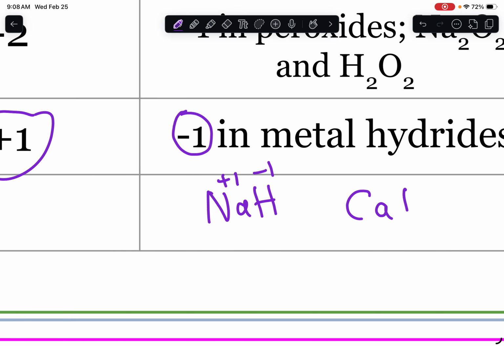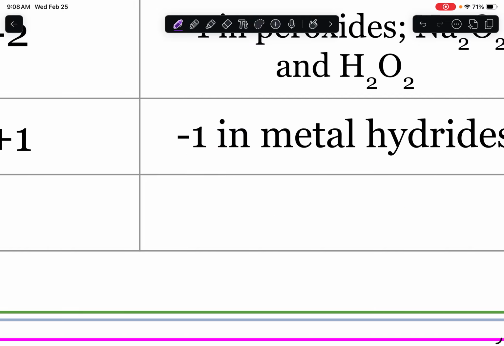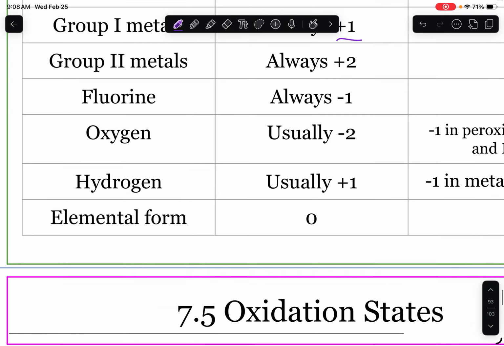Or calcium hydride is another example. Calcium is always 2+ because it is a second column or group 2 metal, and then each hydrogen would be -1 in this example. But most of the time, hydrogen is not bonded to a metal. It's bonded to a non-metal, and therefore hydrogen almost always has a +1 oxidation state.